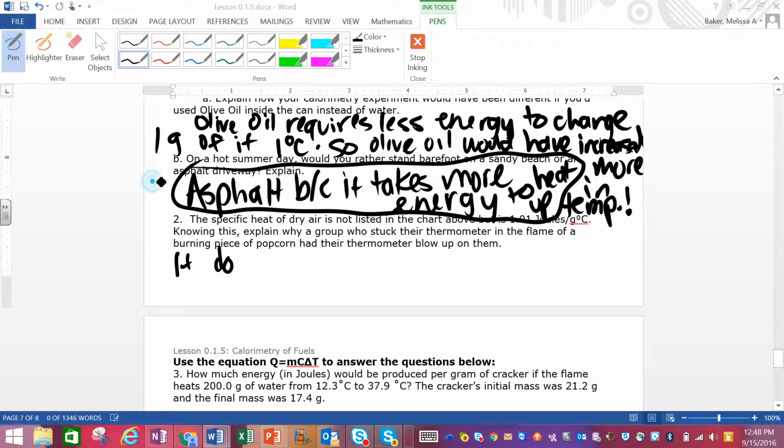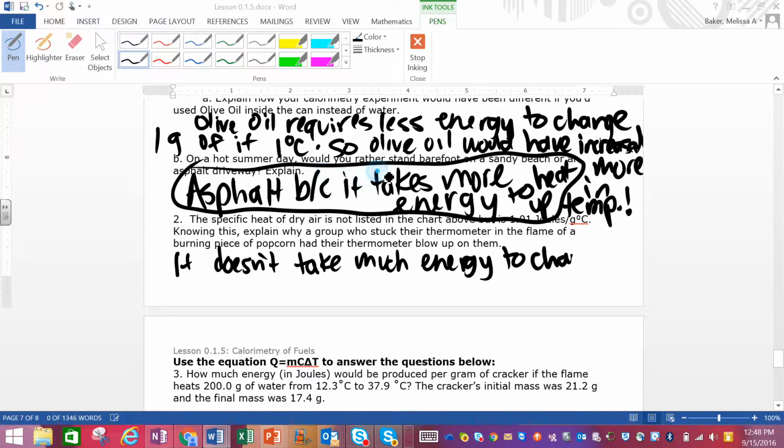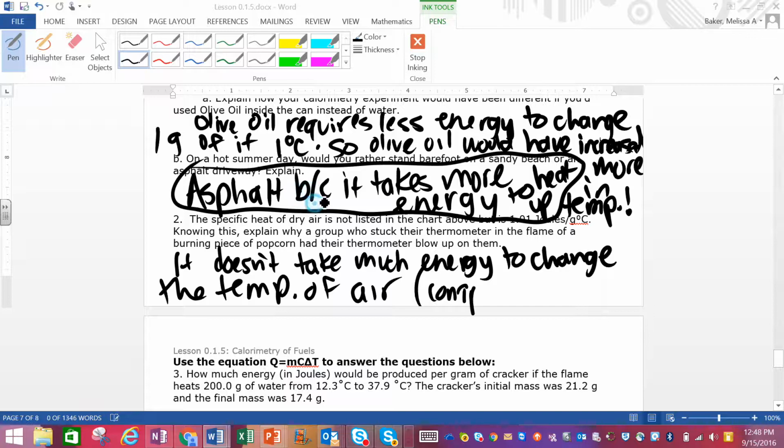Well, it doesn't take much energy to change the temperature of air compared to water, for example. So if it doesn't take much energy to change the temperature, it's going to heat up a lot more quickly, which is why their thermometer blew up.